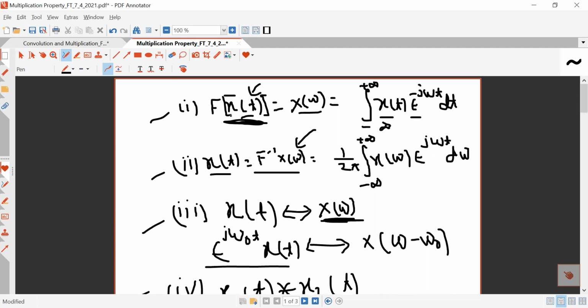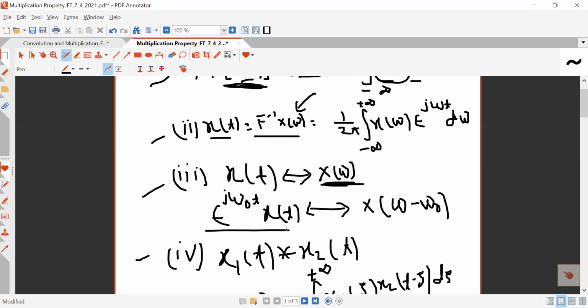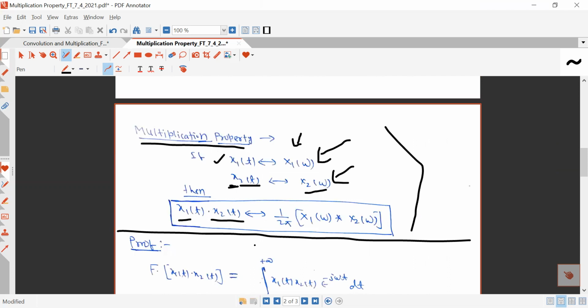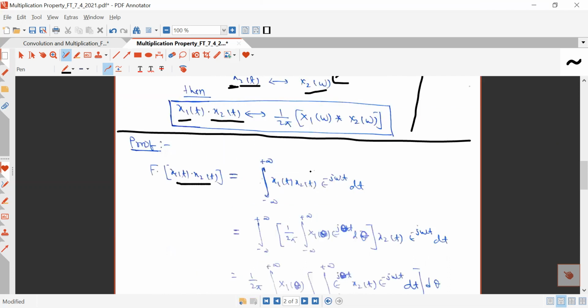If you want to determine the Fourier transform of x1t into x2t, then in place of xt you will have to write x1t into x2t. So the Fourier transform of the product of the signals x1t and x2t is the integral of x1t x2t e to the power minus j omega t dt.